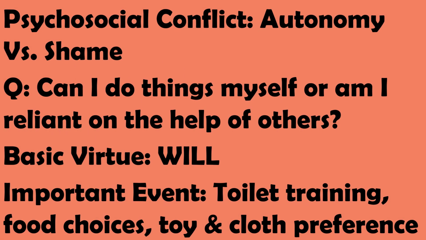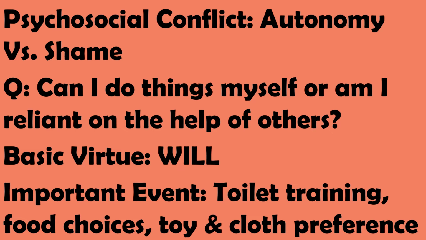The second stage of psychosocial development has the psychosocial conflict of autonomy versus shame. Major question: can I do things myself or am I reliant on the help of others? The basic virtue is will.